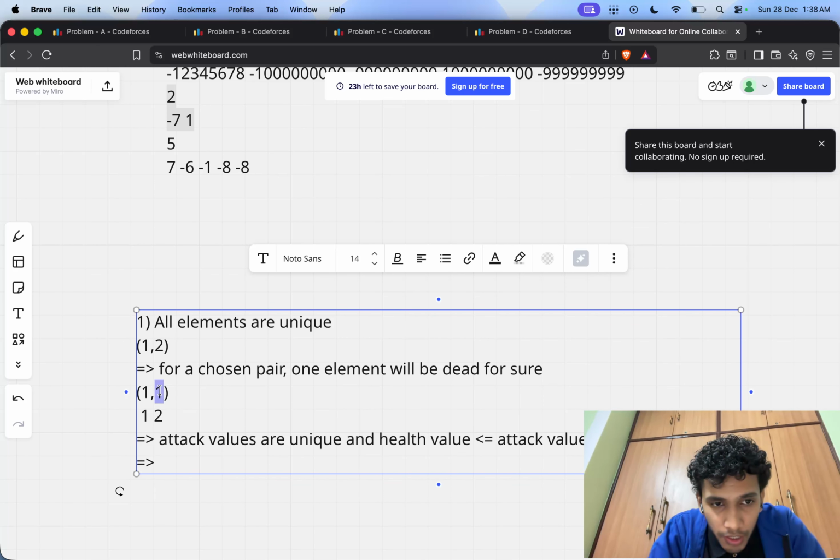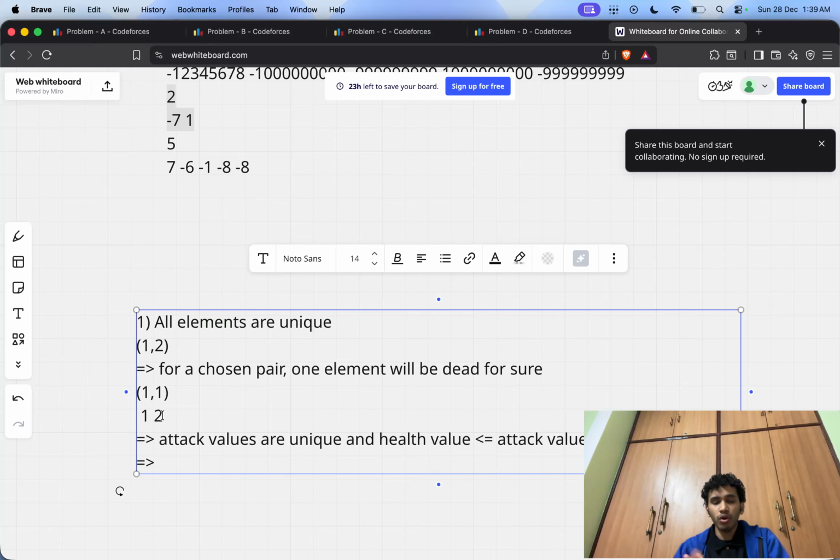The health value of the second element is now 1, but it can never be greater than 2. It can be at most 2. So if another chosen attack value was 3, it is a 100% scenario that this 3 will kill the element with attack value 2, whatever health it has, whatever number of elements it has already fought initially. Since the attack values are unique, it is destined that for each pair one element will be killed.